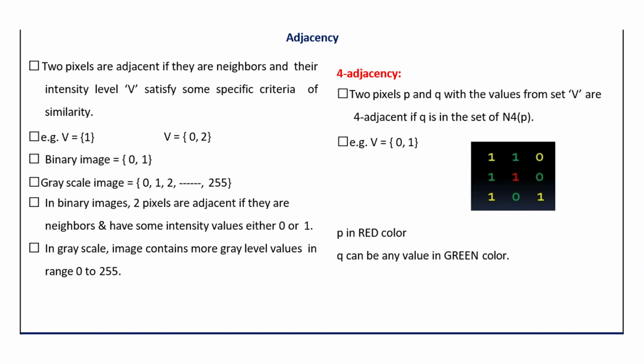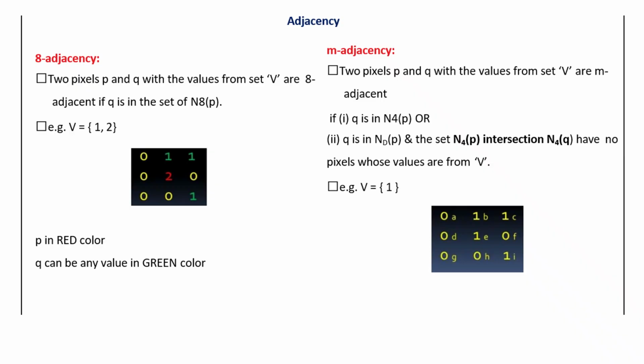So totally 8 neighborhood it has, 4 in the horizontal, 4 in the diagonal way. So totally N4 of P plus ND of P represents N8 of P. And the adjacency is 8 adjacency, which means that 2 pixels P and Q with the values from set V are 8 adjacent if Q is in the set of N8 of P. We have already seen about N8 of P.